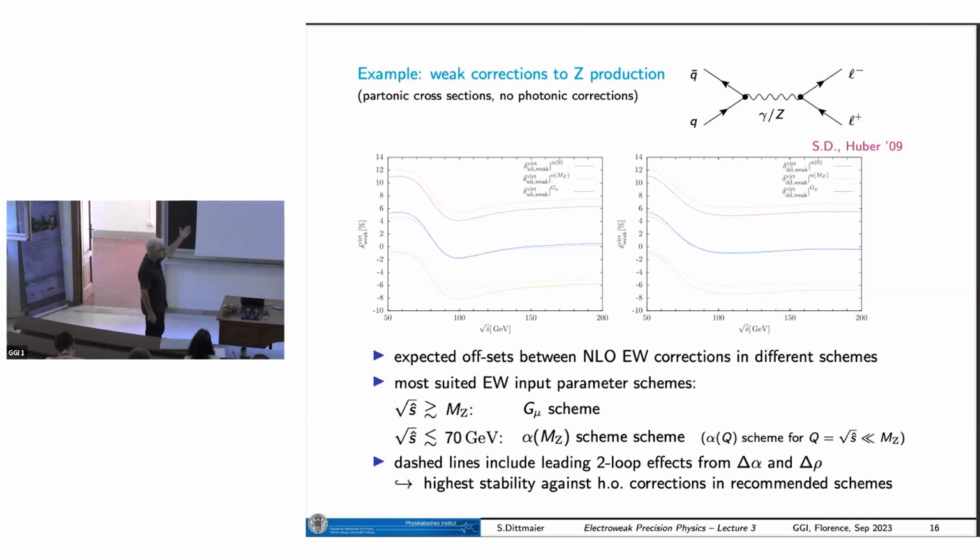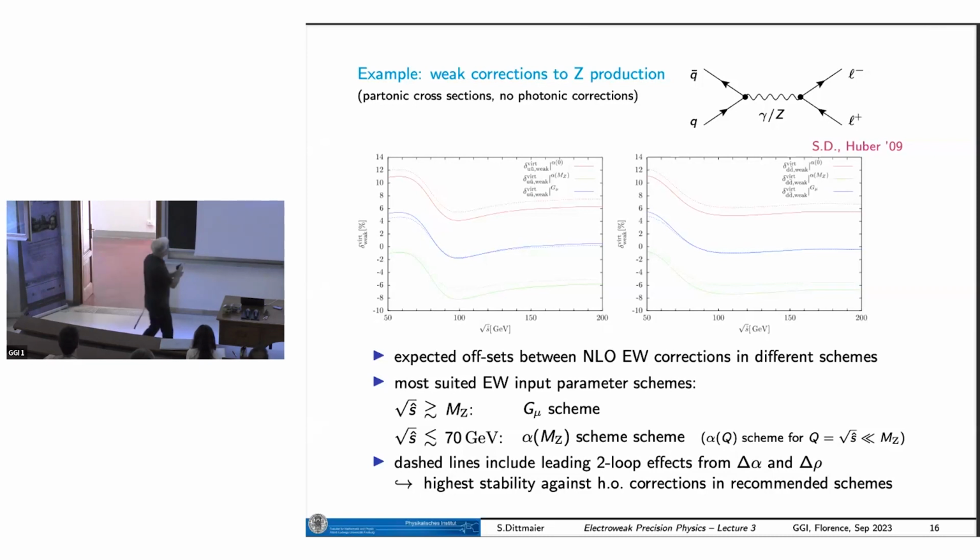Okay, so I just bring this example to kind of illustrate my point. There's also something that you hardly see. It's always a pair of curves, and the solid curve is just the next-to-leading order correction, and the dotted curve next to it is including the leading two-loop corrections.